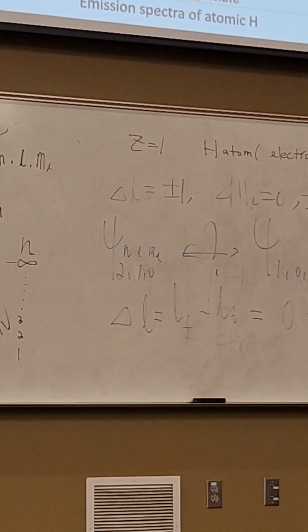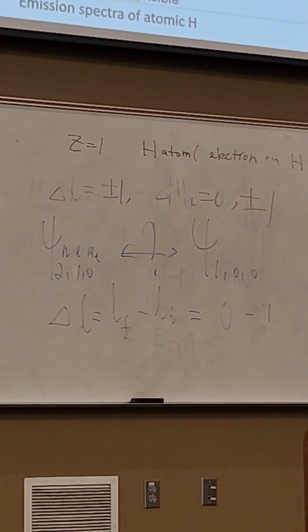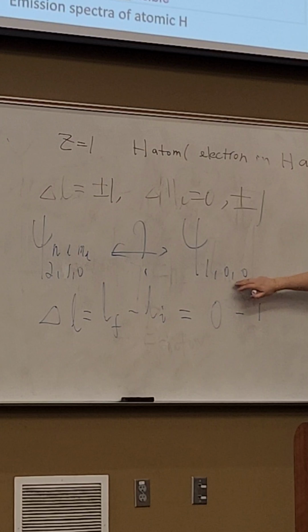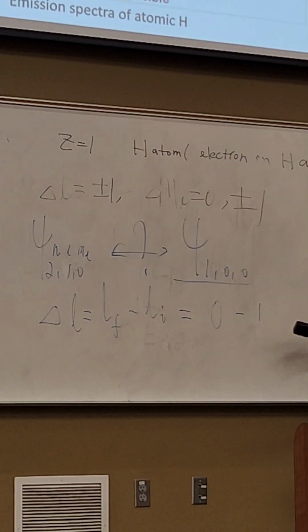Those three constant states. Yes. Okay, so this is your final. It doesn't really matter which one. This is your final, this is the initial. So therefore, this is your initial.